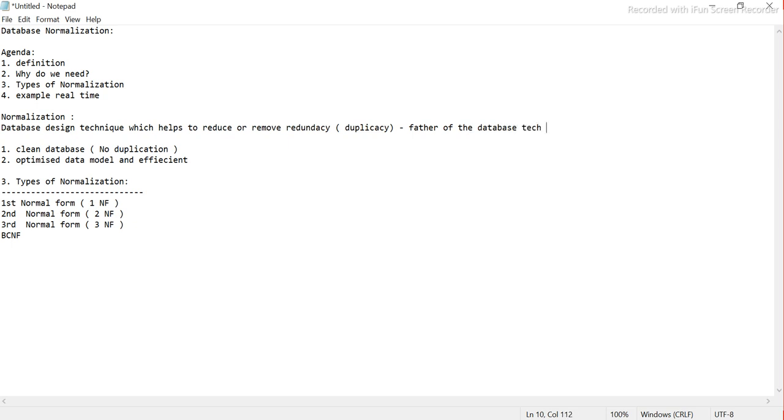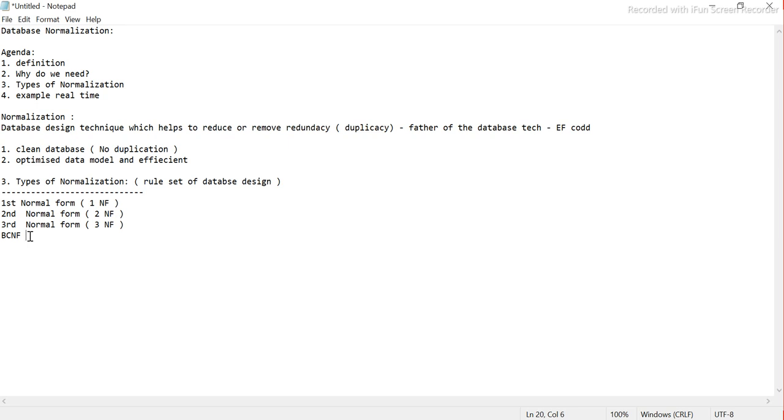His name is EF Codd. He used this normalization technique, 1NF, for the first time, and later it got expanded and many other people came and contributed. So these are nothing but a rule set for database design. We will discuss all of those rules, what it should have and what it should not.